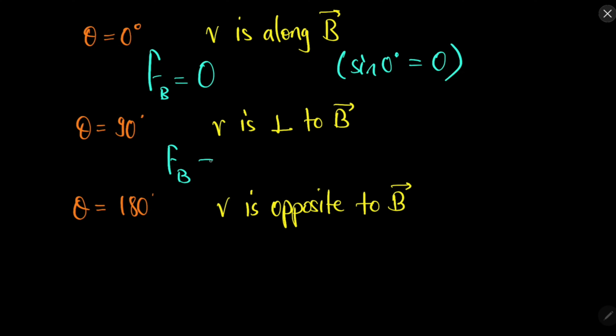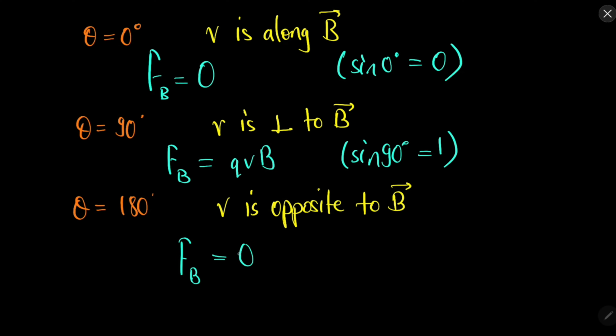In this case the magnetic force will be QVB because sine 90 degree is 1. In this case the magnetic force will be 0 because sine 180 degree is 0.